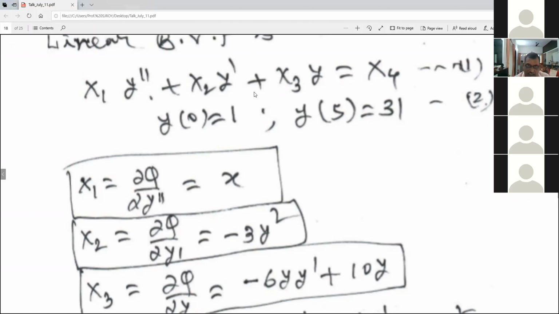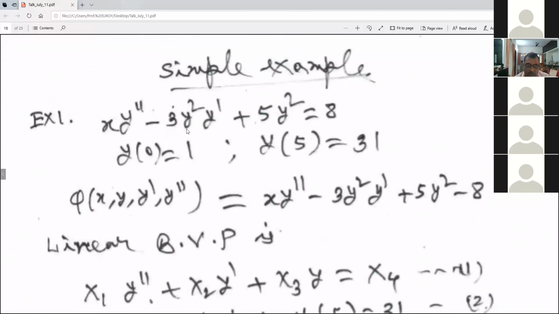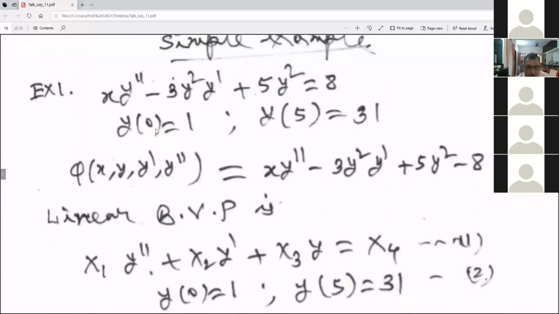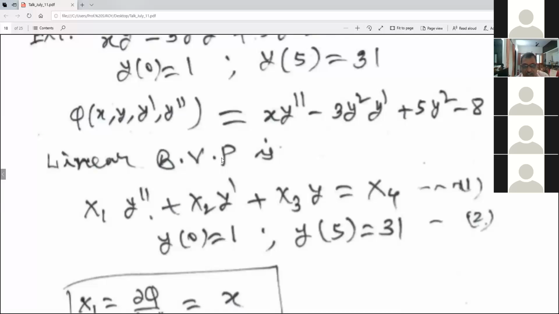That you can tell is the solution of this original problem, because for that y, between your nth iteration and n plus 1th iteration, phi is 0. Because only that y will give you this satisfaction. Correct. So you are coming from the back side to the front side. So if some iteration y is obtained, that y should satisfy this sequence of linear problems.